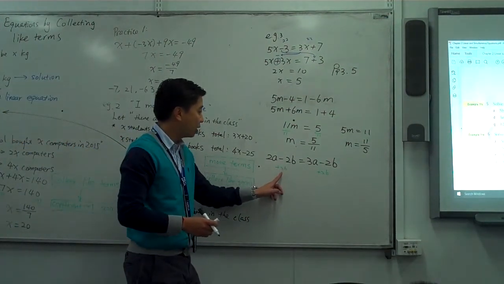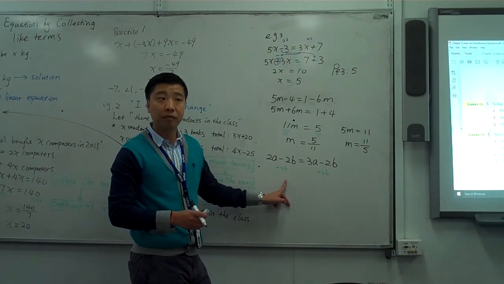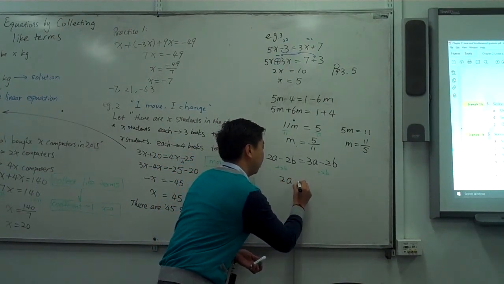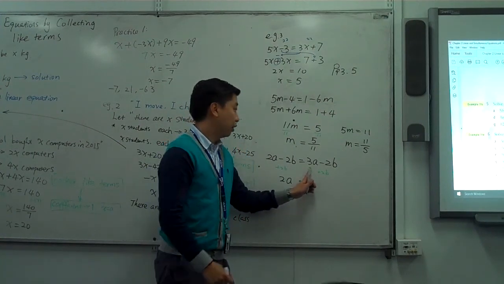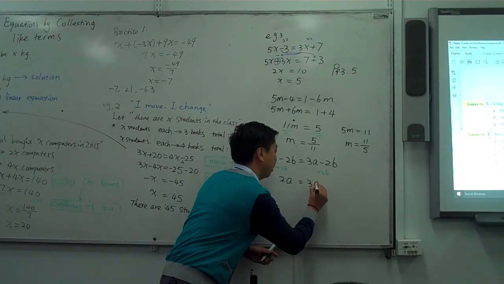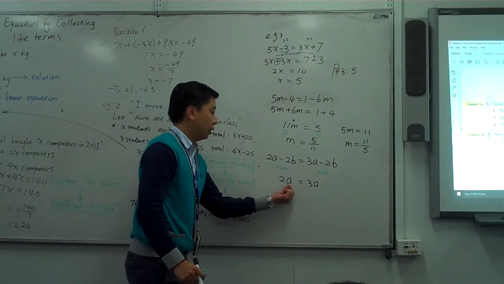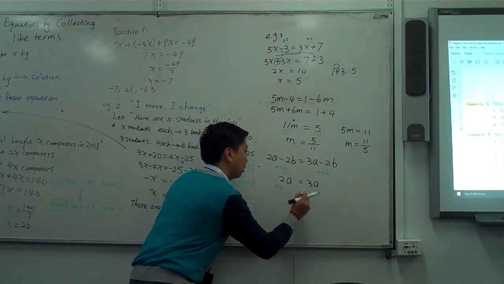So, if I plus 2b, what will be on the left-hand side? 2a. What will be on the right-hand side? 3a. Now I want to divide by a on both sides. Can I do that?